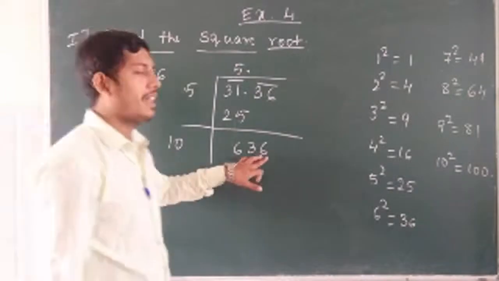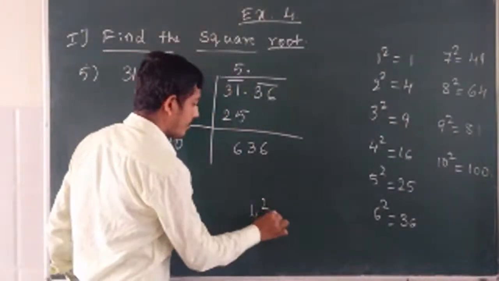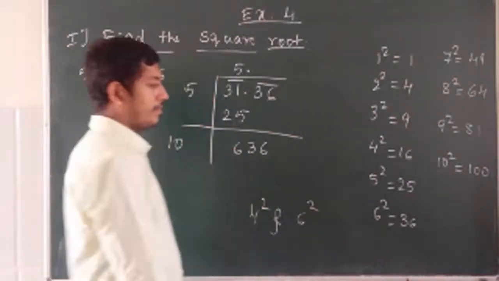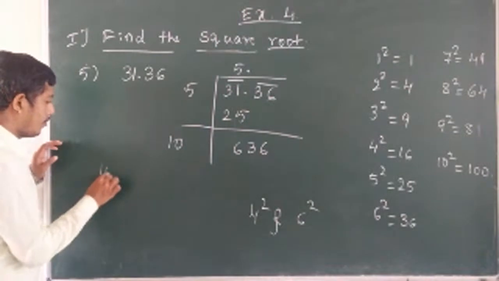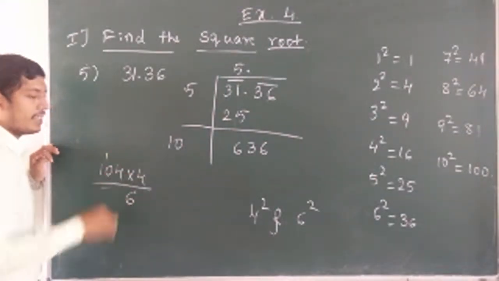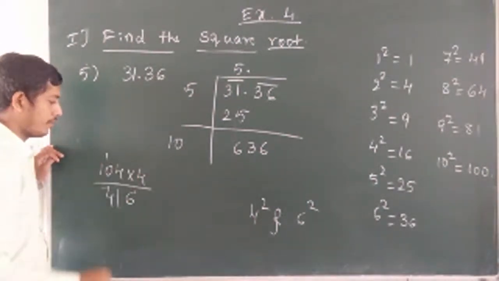Now we have to see the end digit. End digit is 6. In which case we are getting one is 4 square and another one is 6 square. Now we'll check 10, then 4 into 4. 4 4s are 16. Then 4 into 0.1, 4 1s are 4.